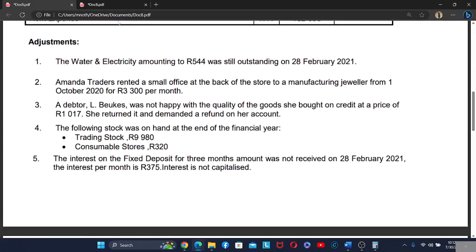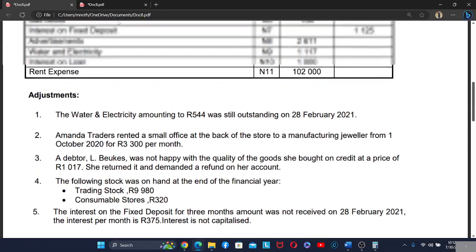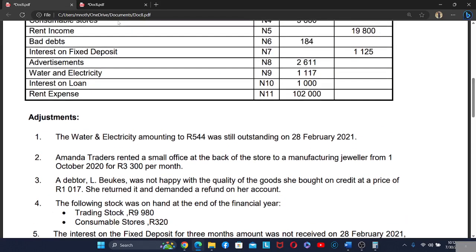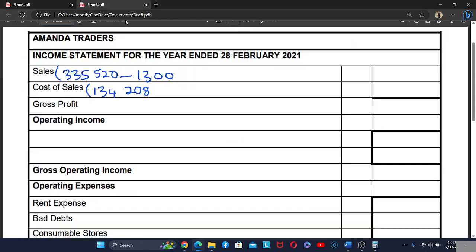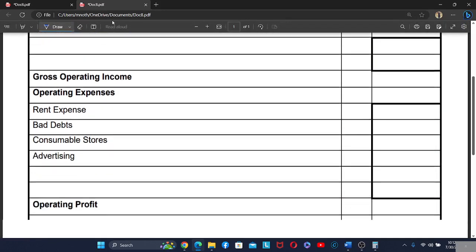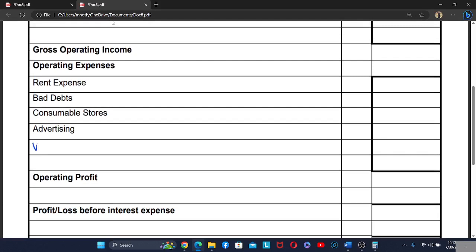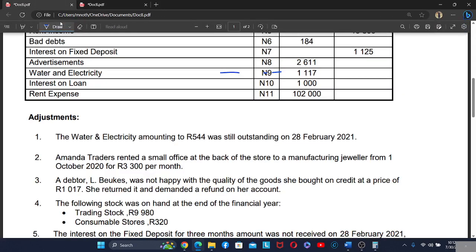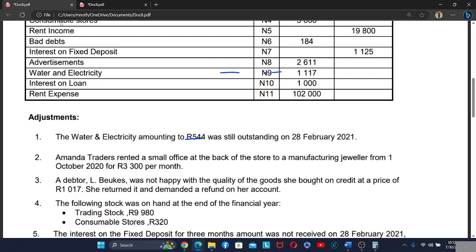Water and electricity. So let's go and look at the water and electricity. It is 1,117. So what are they saying about it? They are saying that water and electricity amounting to 544 was still outstanding.